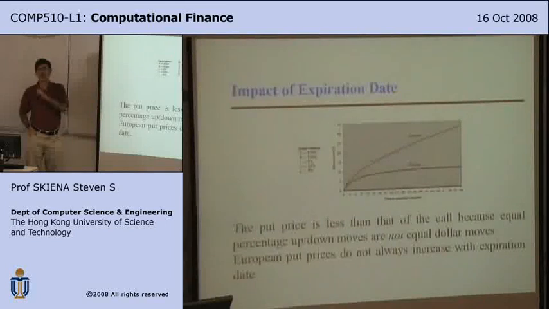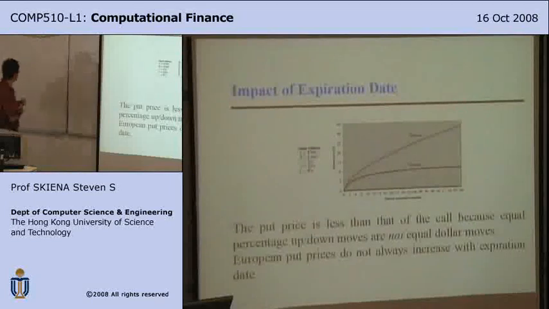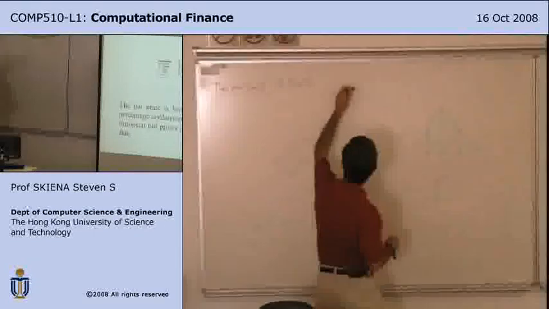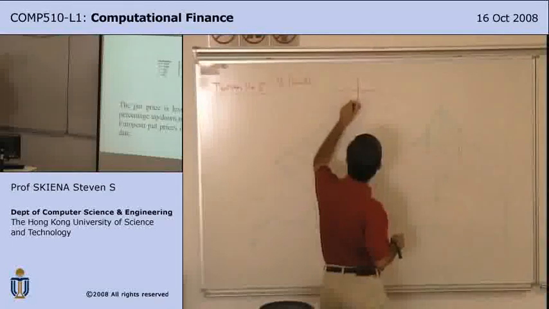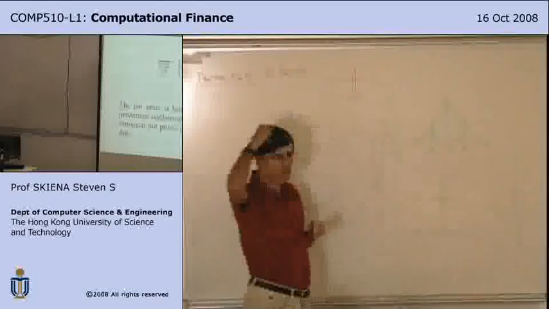You're saying because the stock price may have a drift? That's not it. It has to do with the difference between percentage price increases and decreases and absolute price increases and decreases. Let's think about this.